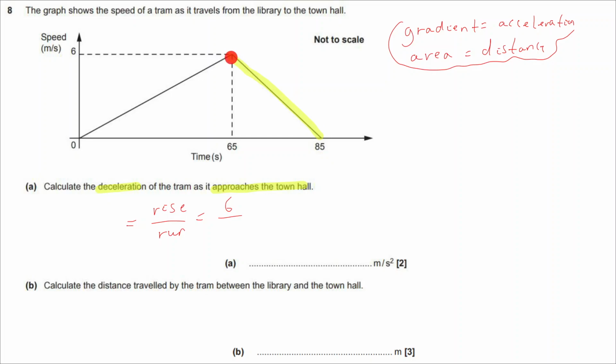To get from here down to here, the run is going across by 20, because 65 to 85 is across by 20. That's your run. Because I've gone across by 20, I've gone down by 6, so the rise should be -6. It's just recognizing that this is a negative gradient. This is equal to 6 divided by 20, which gives you 0.3, so minus 0.3.